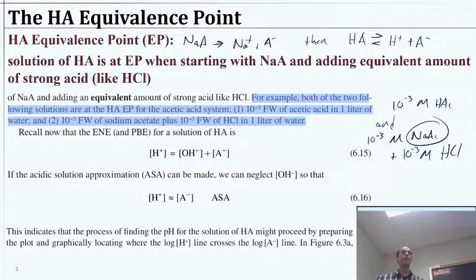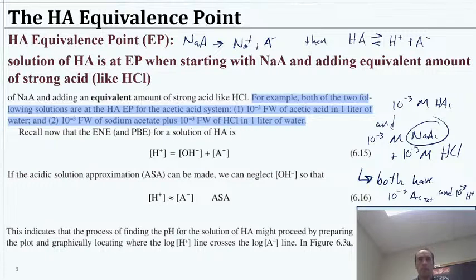Okay, so both of these systems have 10 to the minus third AC total and 10 to the minus third H plus. And that's because whenever you're adding strong acid, it fully ionizes and it doesn't ever go back to HCl.